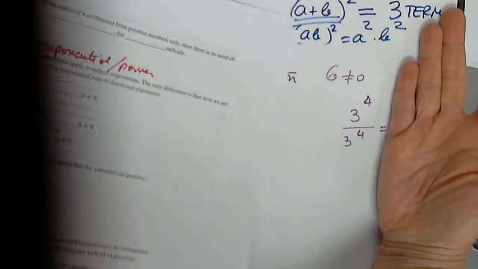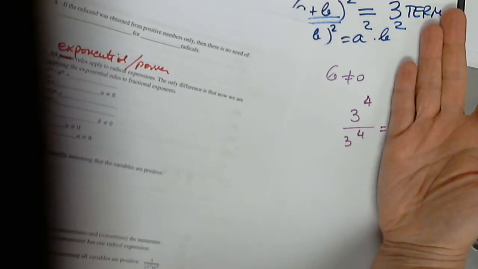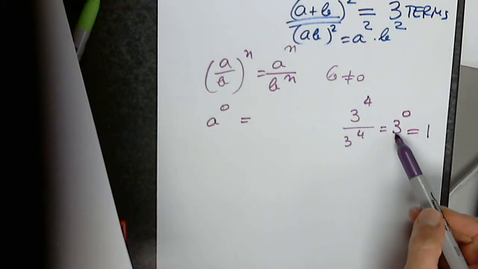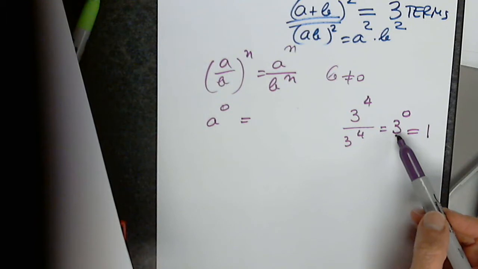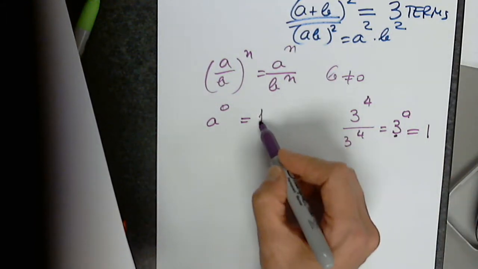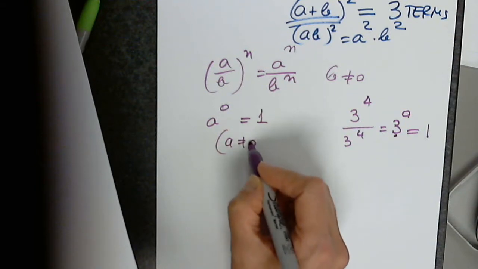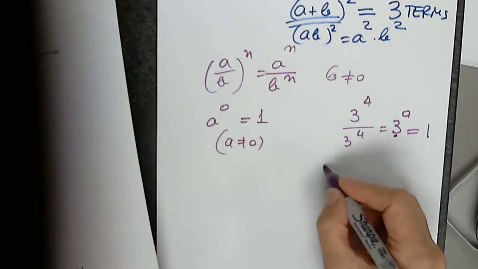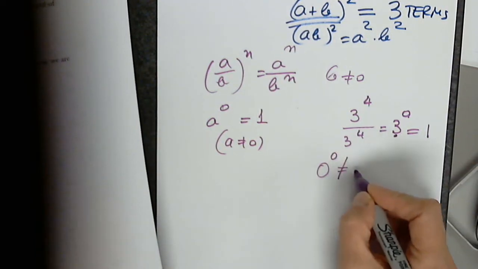This is 81 and this is 81. How much is 81 divided by 81? Right. So any number that is not 0 raised to 0 is 1. So this is a very important assumption. A is not 0. 0 raised to 0 is not 1.